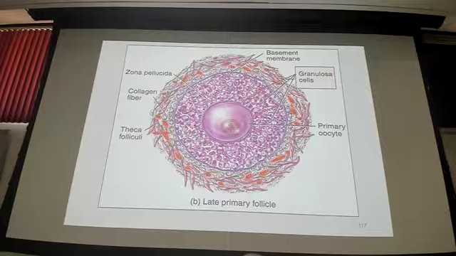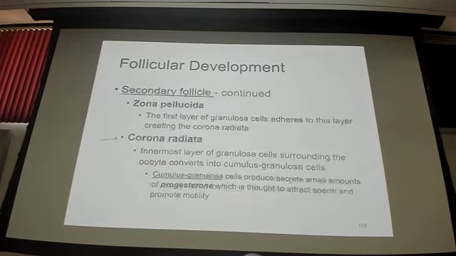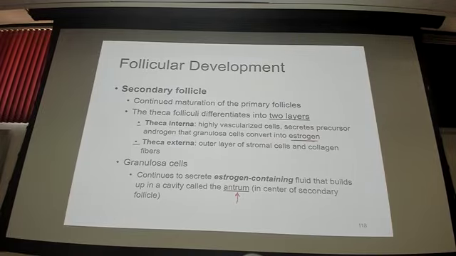No, the granulosa cells are inside the basement membrane. The theca folliculi is outside that basement membrane. The theca folliculi separates into those two structures, and the granulosa cells continue to secrete estrogen containing fluid. So the granulosa cells are still on the inside of the basement membrane.